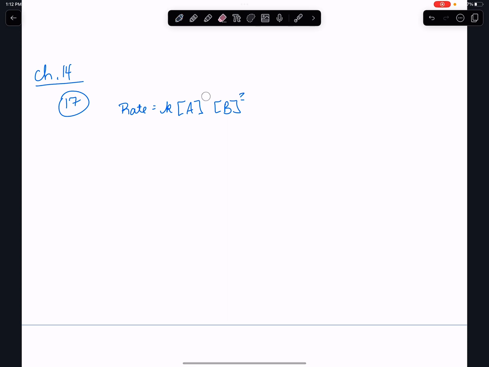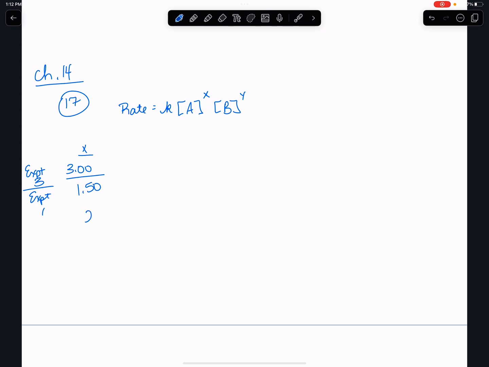Okay? So if we're trying to figure out the power of A, we have to find two experiments where A changes and B doesn't. And that's going to be experiments 3 and 1. A, in experiment 3, the concentration is 3. And in experiment 1, the concentration is 1.5.